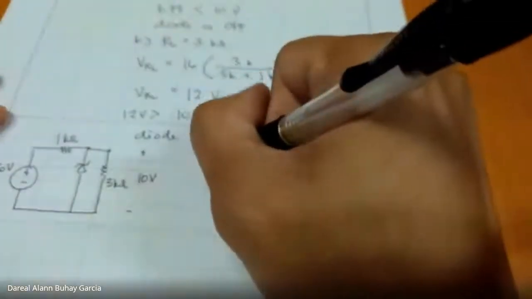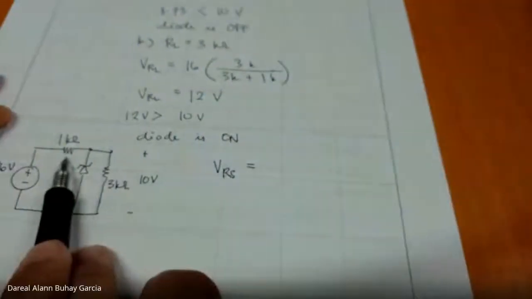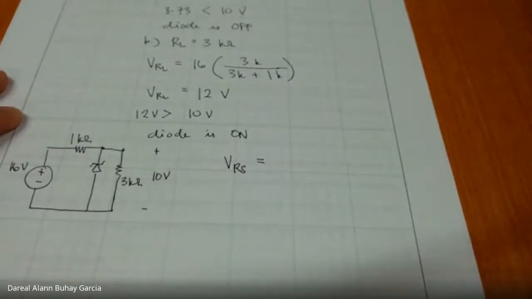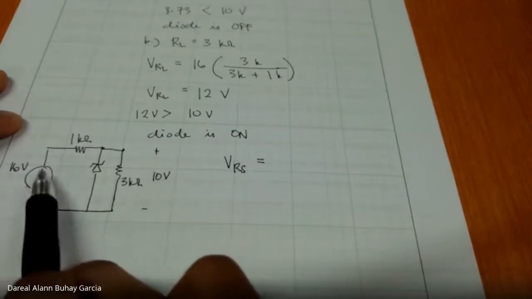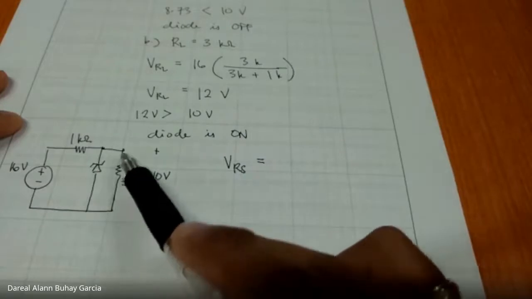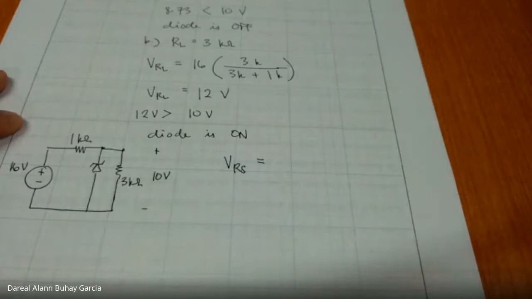So how much then is the voltage drop ni RS? Kinanan pa i-solve? If 16 volts ang atong source, then na-maintain ni Zener Diode ang voltage ni load as 10 volts, how much ang voltage drop sa RS?